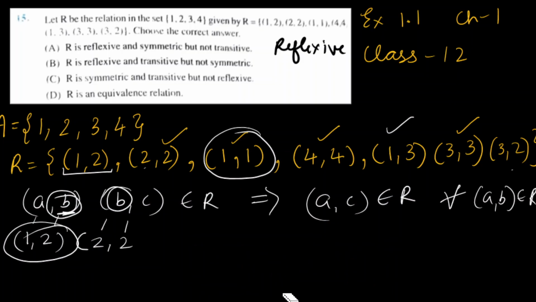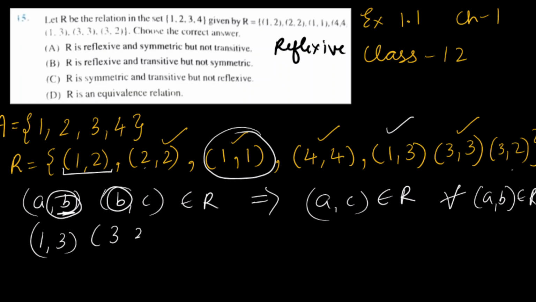Let's check other ordered pairs also. As of now, this is being satisfied. I have another ordered pair for (1, 3): (3, 3) is also there. Okay, (3, 3) we have checked. Now (3, 2). This is (a, b), (b, c). If I check this one, (a, c) is (1, 2), and (1, 2) is also present.